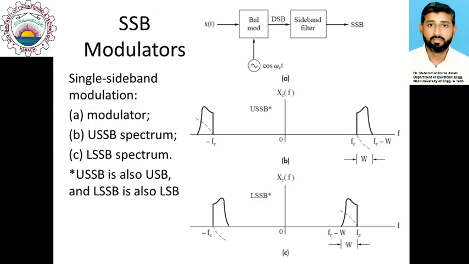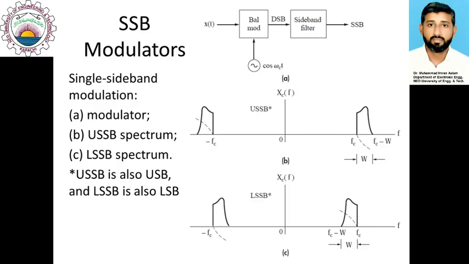In today's lecture, we will be talking about single sideband modulators, that is, the generation of single sideband signal, and we will also be talking about the demodulation of different variants of AM modulation.